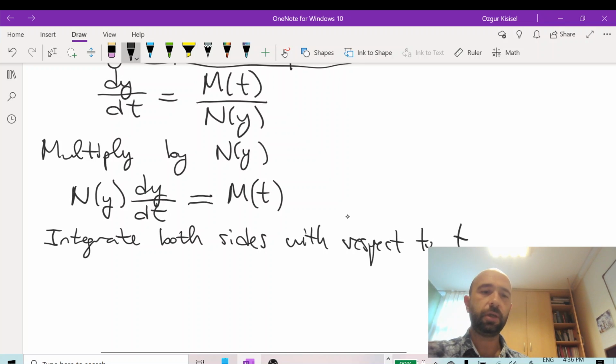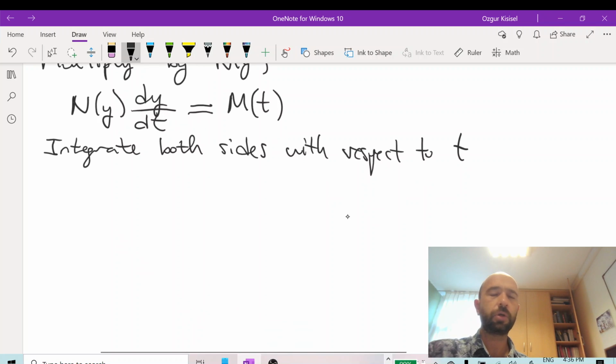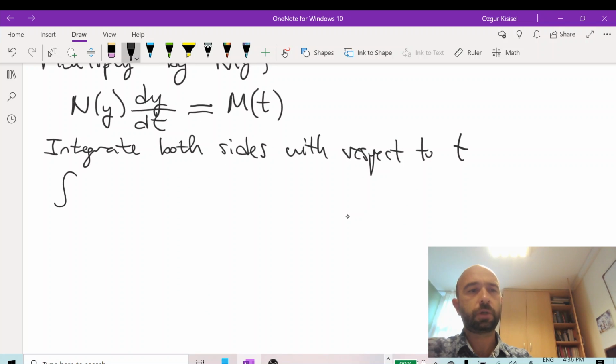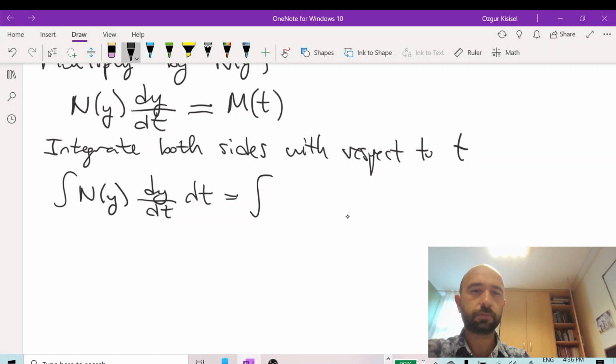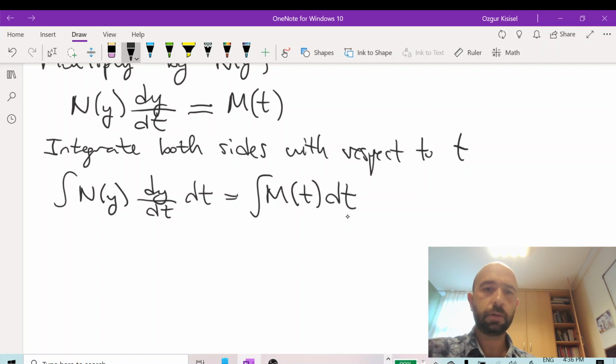Now, this may raise some eyebrows. Well, the right-hand side is not a problem at a theoretical level. It's a function of t and you want to integrate it with respect to t.